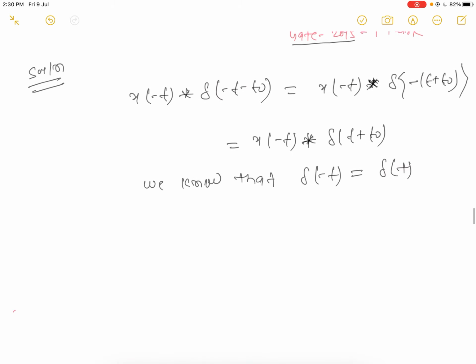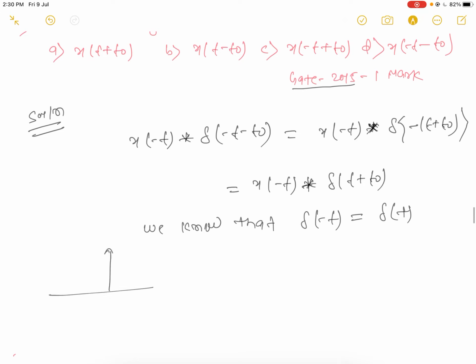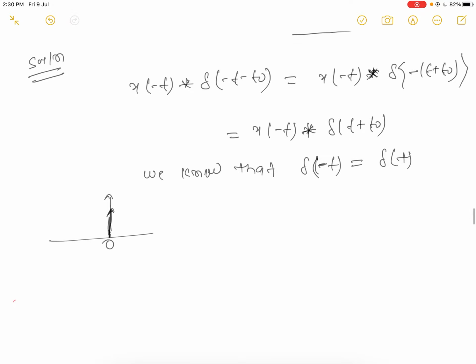We can check it because delta(t) is defined at the origin. When you take the minus, meaning the mirror image about the y-axis, it will still be represented at the origin only. So there is no problem, delta(minus t) will be delta(t).